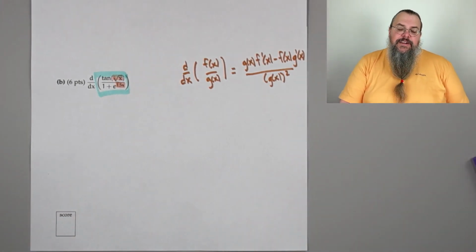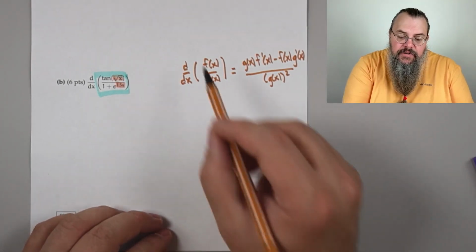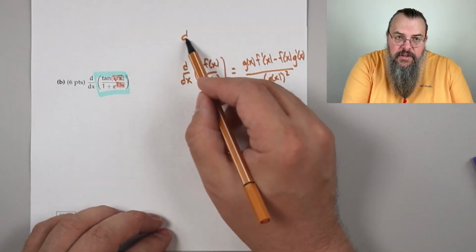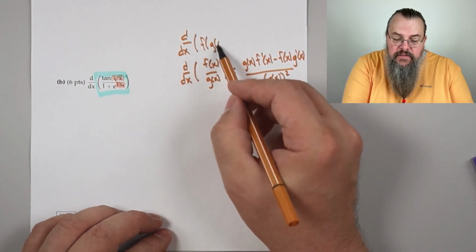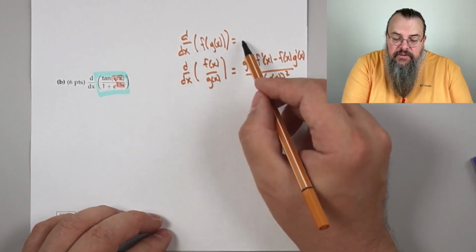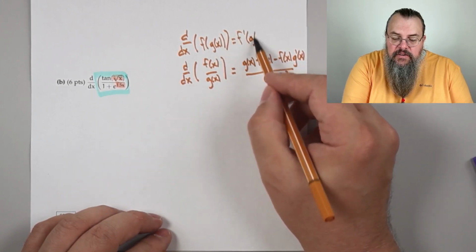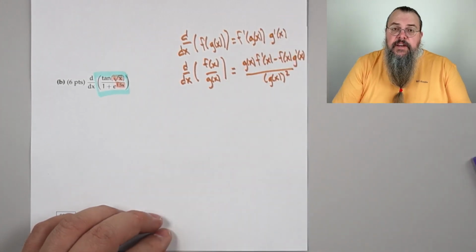And all right, since we still have some space here, let's write up here the chain rule. The derivative of f of g of x is: take the derivative of the outside, and the inside doesn't change, times the derivative of the inside.